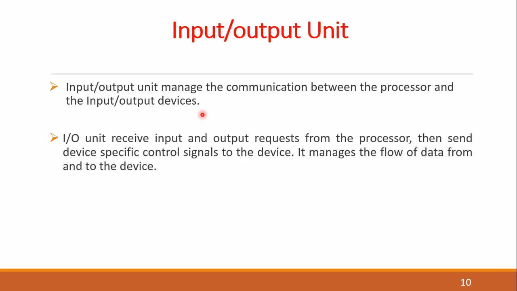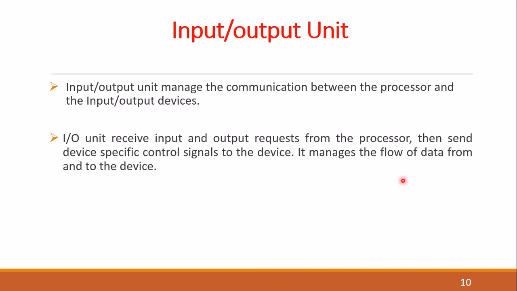So the input-output unit manages the communication between the processor and the input-output devices. We give the instructions to the input unit, and the input unit sends the data to the processor with the help of other components, and the processed data is displayed by the output unit.